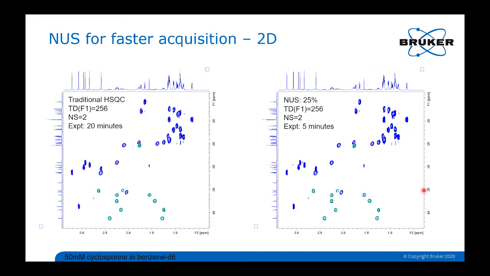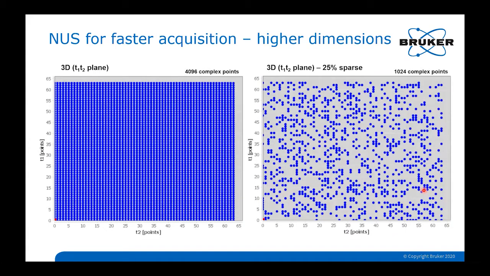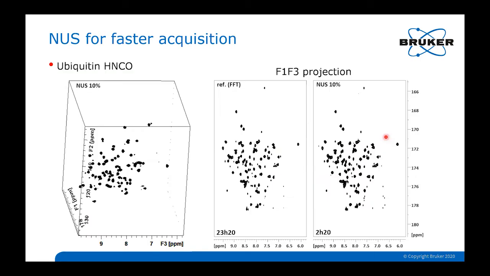Moving to 3 dimensions or higher dimensionality, we can do the same thing. On the left, we have a representation again of a 3D acquisition, where each of these points represents an FID that's acquired, where we systematically increase our internal delays T2 and T1. On the right shows the matrix where we've acquired only 1/4 of these data points. And just showing an example of a ubiquitin molecule, looking at a backbone experiment, the HNCO, where we're correlating the backbone amides to the carbonyl carbon chemical shift.